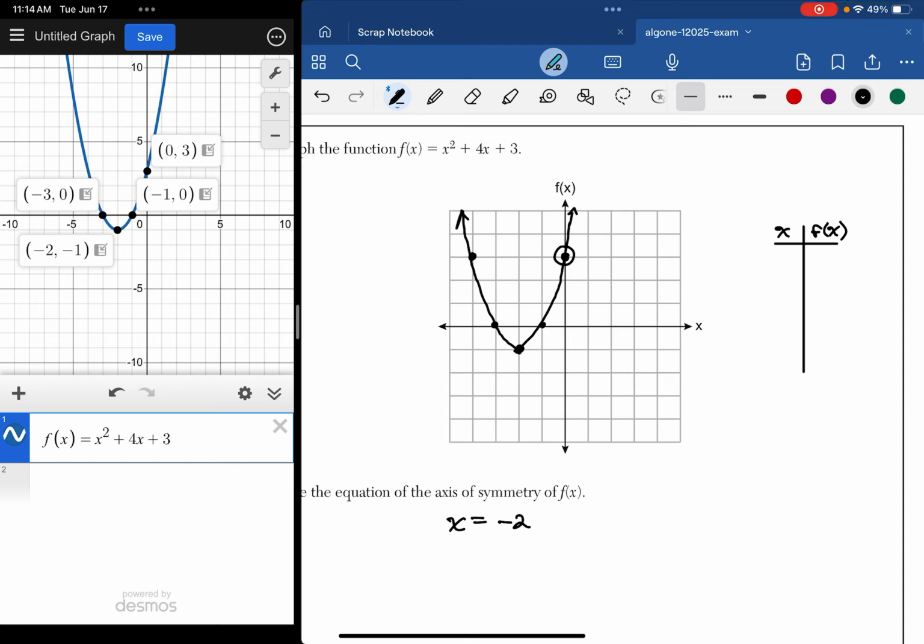So we had -4, 3, -3, 0, -2, -1, -1, 0, and then 0, 3 it looks like. Then the middle one here is your vertex, but that x equals -2 is that x value for which the graph turns back upon itself.